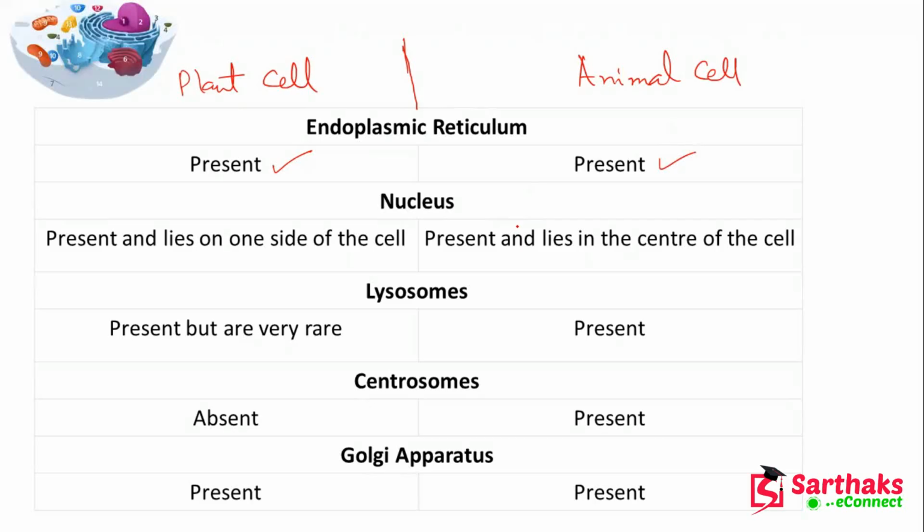Now the nucleus. In the plant cell, the nucleus lies on one side of the cell, whereas in the animal cell, it lies in the center of the cell.